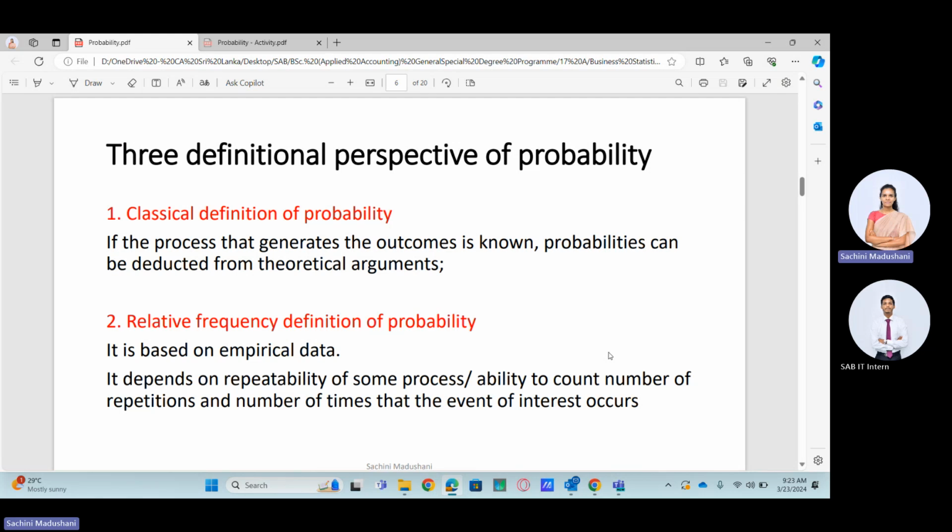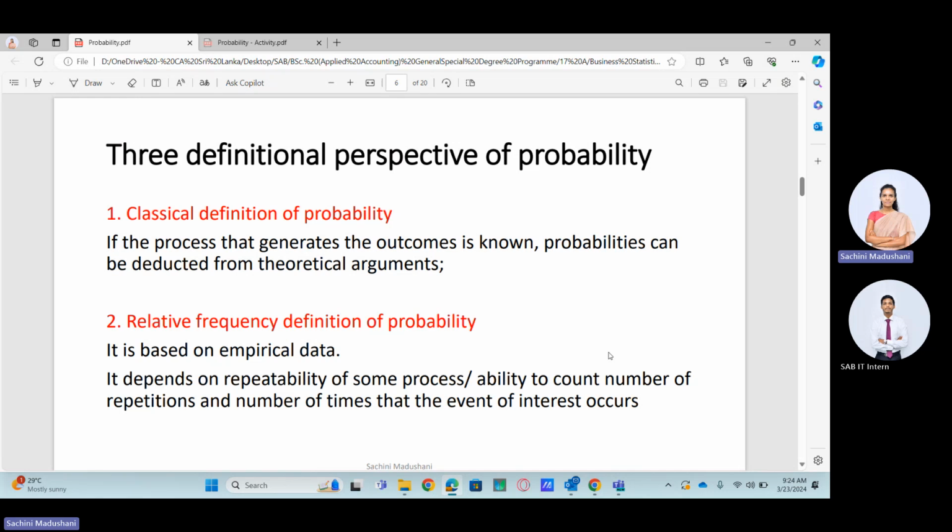We can prove it: the total outcomes are 2, and there is only 1 chance of getting a head. So 1 over 2 is the probability of getting a head. We always express probability based on theoretical arguments.